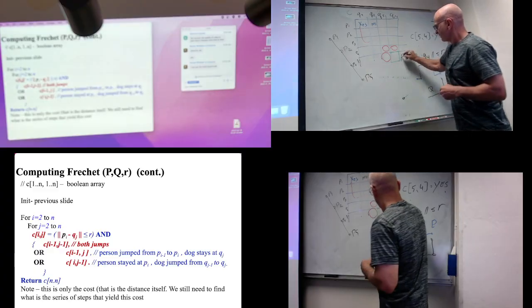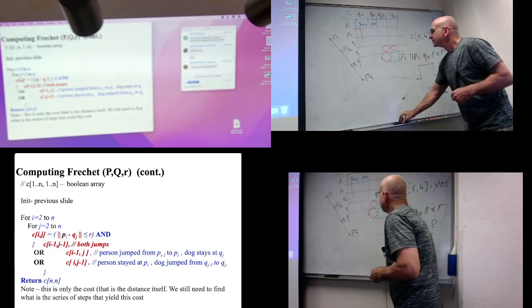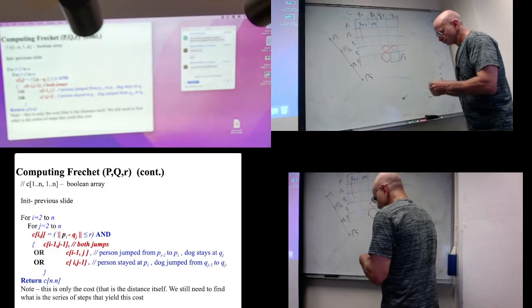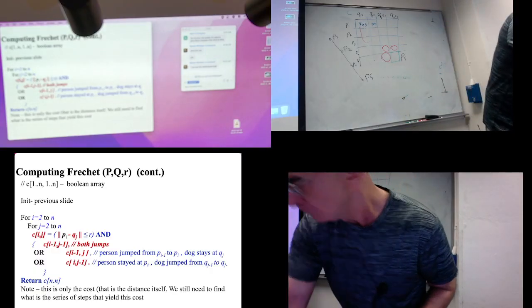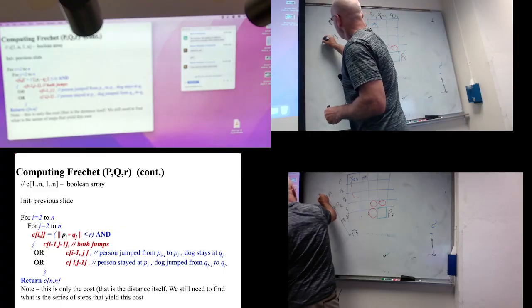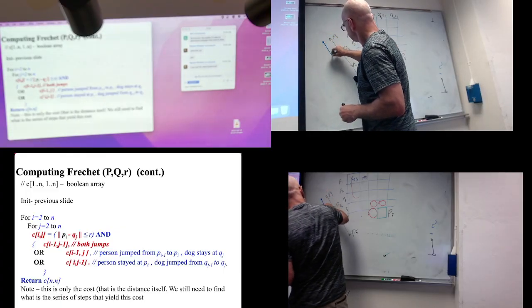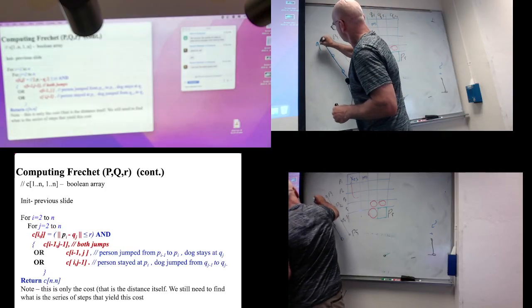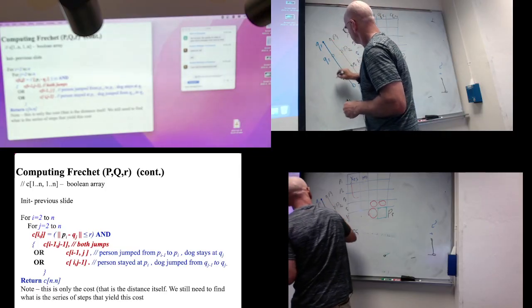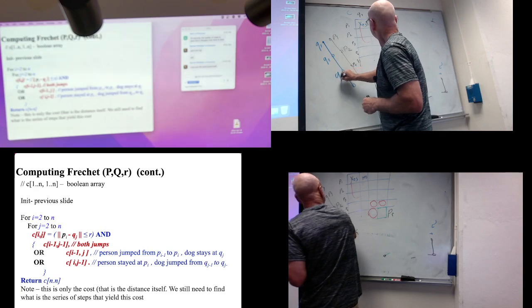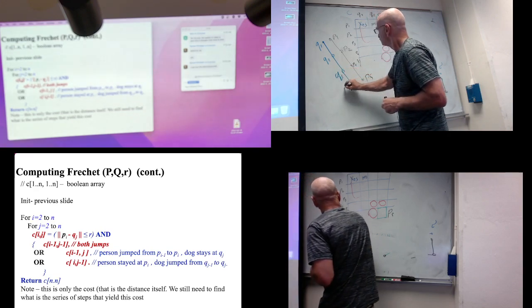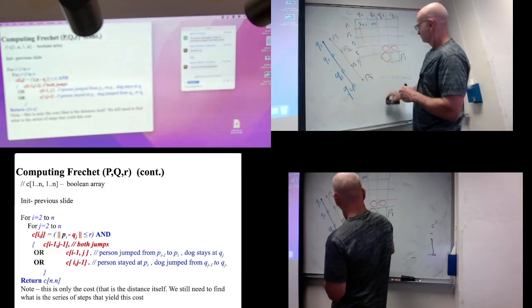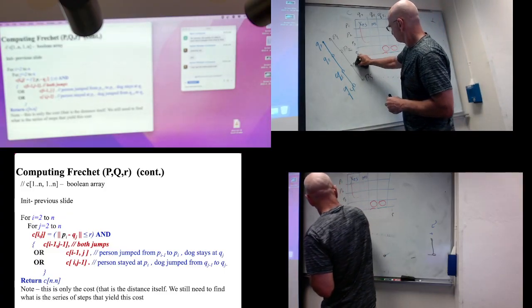P5, this row is P5, sorry. Just a quick sanity check. I don't need the last row.